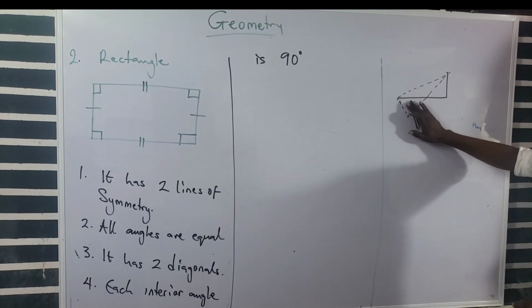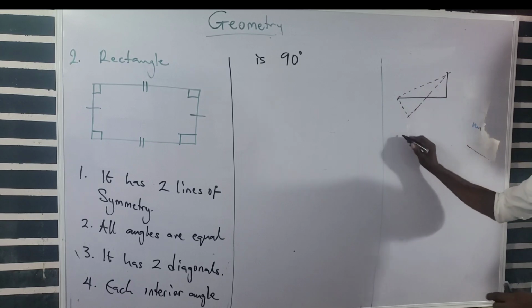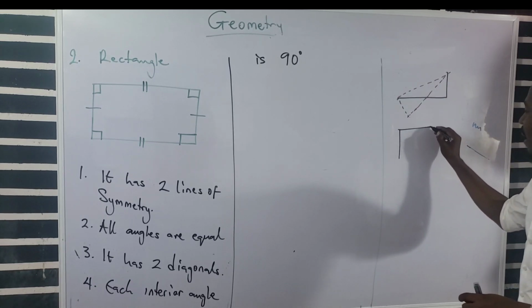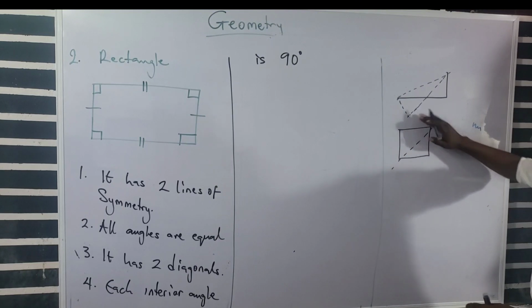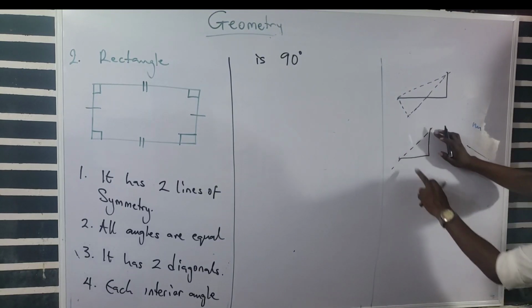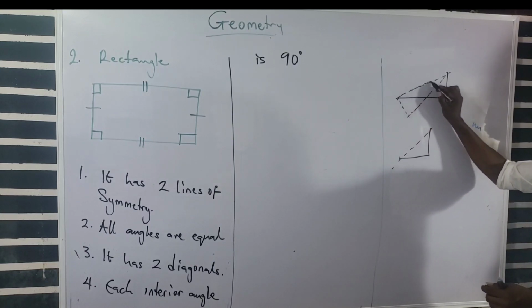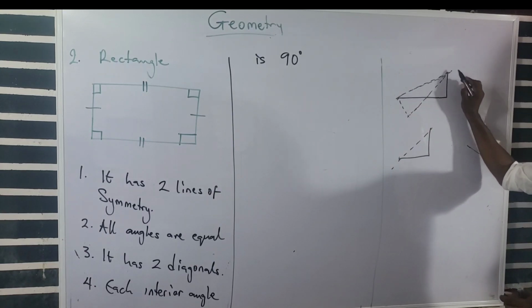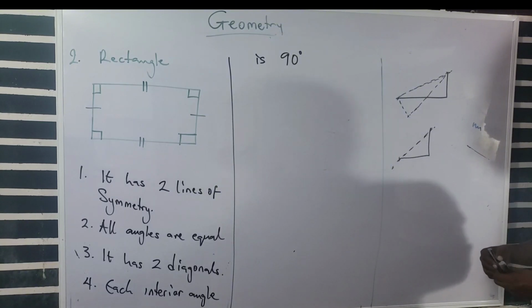You can see that this one comes out here, this one comes out here. They are not identical. But when it's a square and you cut from here and you fold it, it's actually going to overlap. This is what you're going to have. So that's why the diagonal of a rectangle is not a line of symmetry, but the diagonal of a square is a line of symmetry.